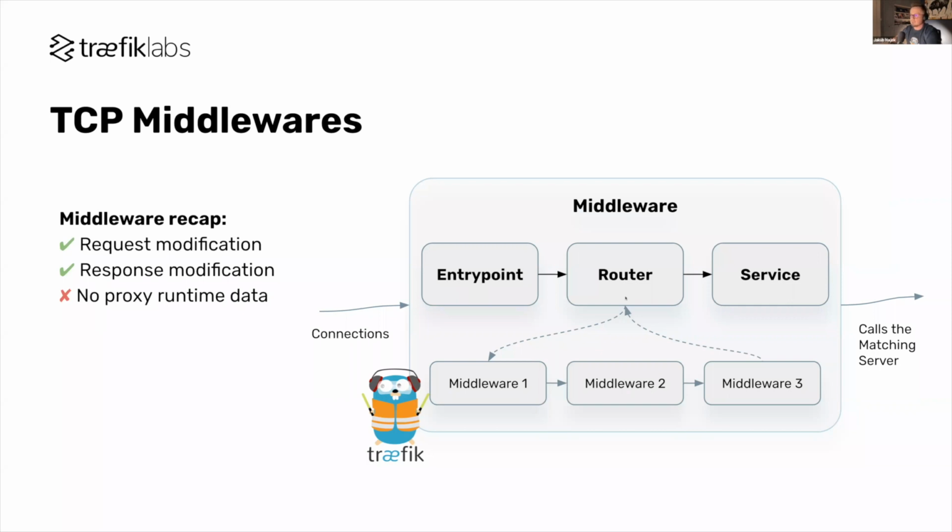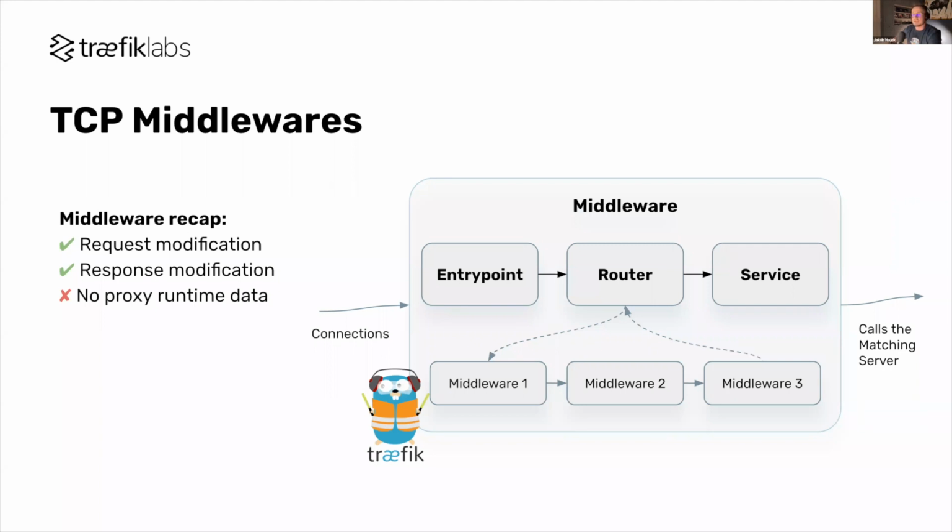So we can apply a couple of middlewares here and do something with our request. For example, it might be the commonly known basic authentication. You can add the basic authentication middleware, and your users will be asked to enter credentials in order to access the service.